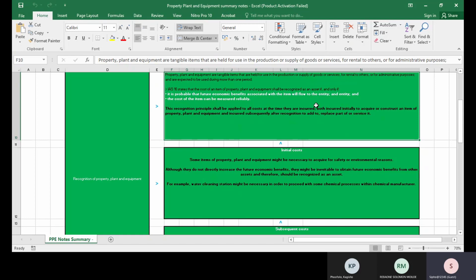I've explained that to you. The cost of an item can be measured reliably. So in an exam position, you get these kinds of questions when they say to you, Solomon, please advise management whether we can recognize this plant as an asset.